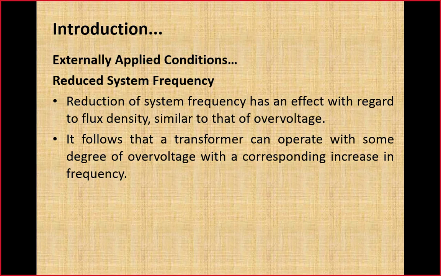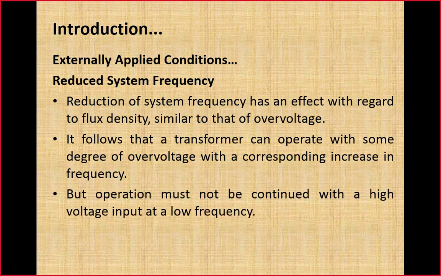So similarly, if we want to operate a transformer which is rated at 50 hertz at 60 hertz, there is nothing wrong. We can operate it at the rated voltage as well as slightly above the rated voltage. But a transformer rated at 60 hertz should be operated at less voltage when operating at 50 hertz. But operation must not be continued with high voltage input at a low frequency, because that will result in severe overexcitation and saturation of the transformer core.